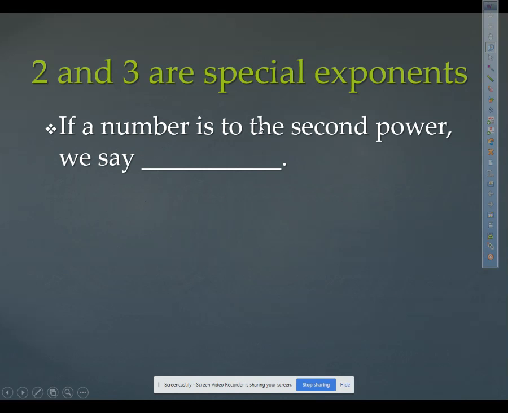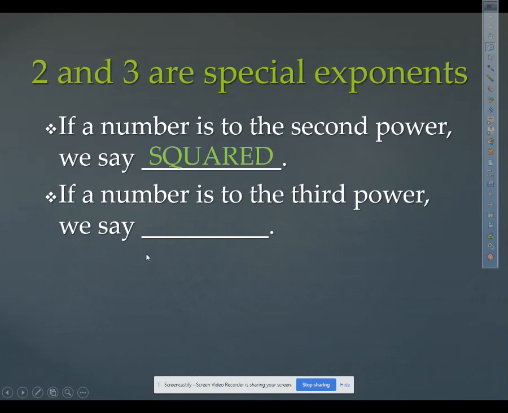If we say a number is to the 2nd power, we can say that it is squared. If a number is to the 3rd power, we can say cubed.